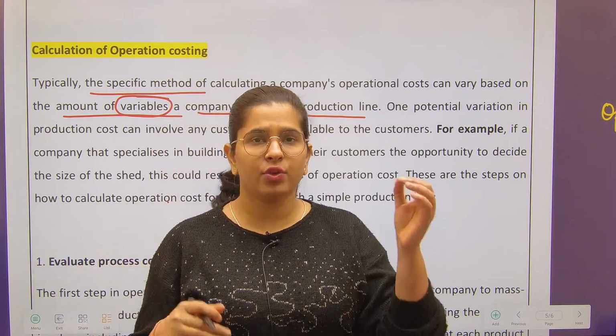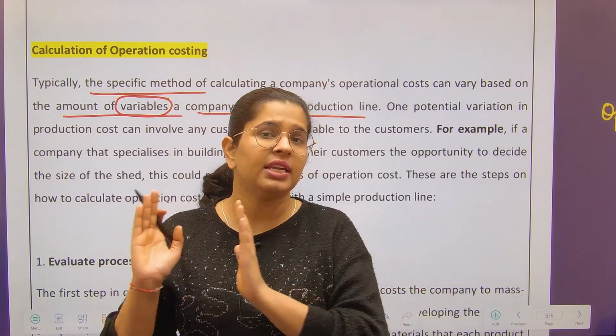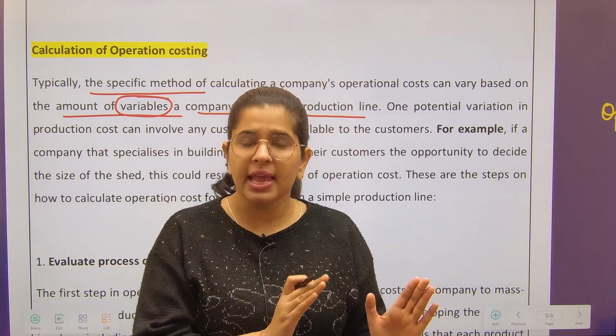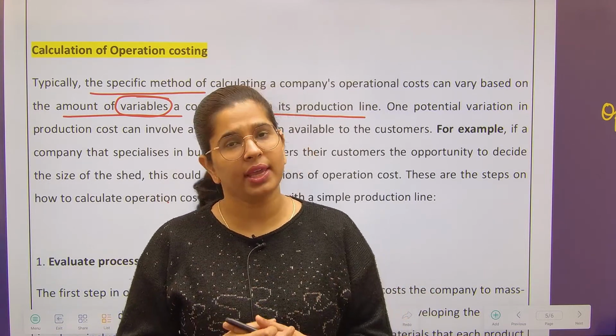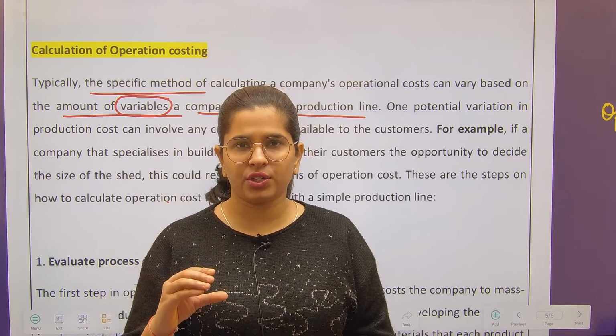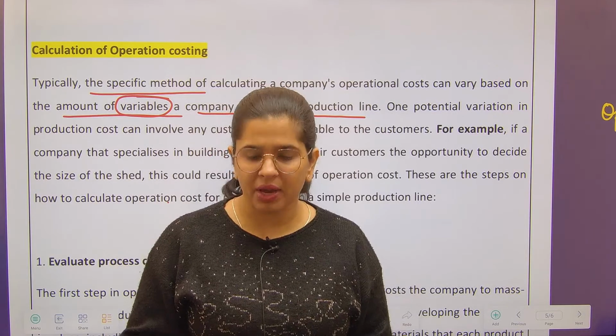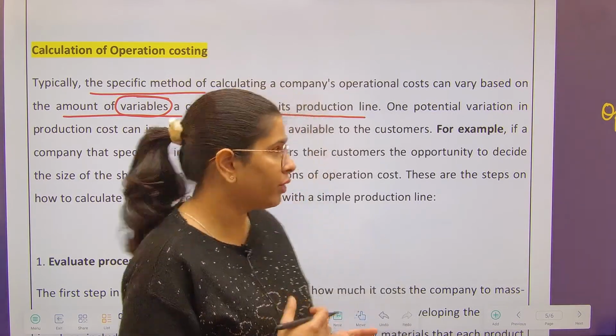You have to calculate and add on the cost in each operation separately, and your work will also increase. But if you have just a limited amount of variations, the number of operations will come down and hence your work will also reduce.